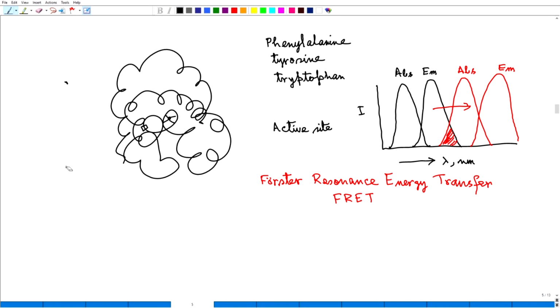In that case, my fluorophore will be a different one, not this one, but maybe a green one. It is a different fluorophore. Understand? So, this way FRET works, and you know that fluorescence is very sensitive, quite accurate.